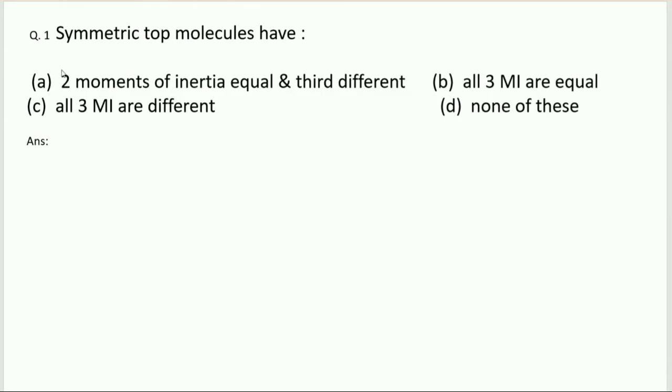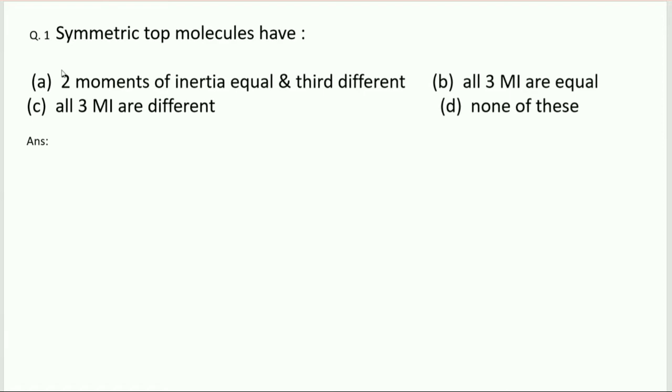So the first question is, symmetric top molecules have: two moments of inertia equal and third different; all three moments of inertia equal; all three moments of inertia different; or none of these.